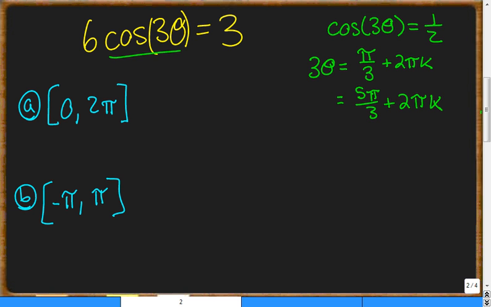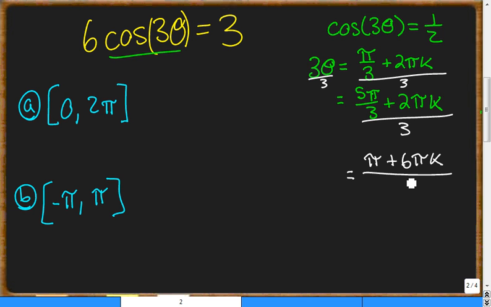Now, we're not interested in what 3 theta is. We're interested in what theta is. So when we divide by 3, our new answers are going to look something like this. We're going to end up with pi plus 6 pi k all over 9, and we're going to end up with 5 pi plus 6 pi k over 9.